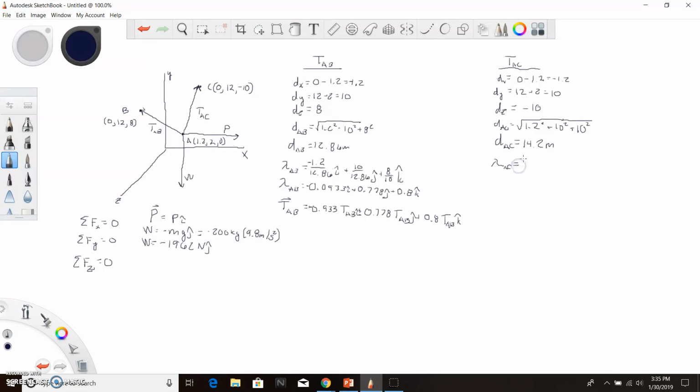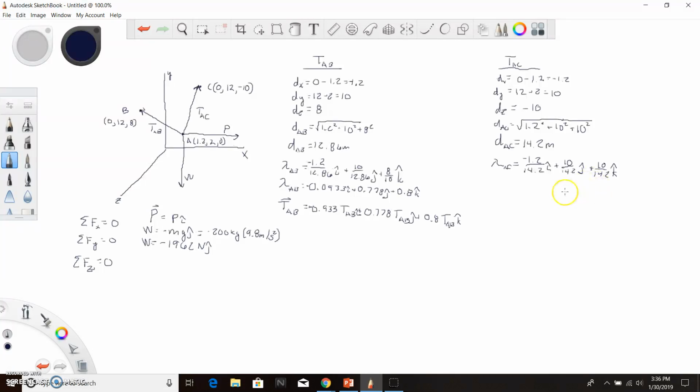To find the unit vector for AC, all we're going to do is take that negative 1.2 and divide it by 14.2, that's the i hat, plus 10 divided by 14.2 j hat plus 10 divided by 14.2 k hat.